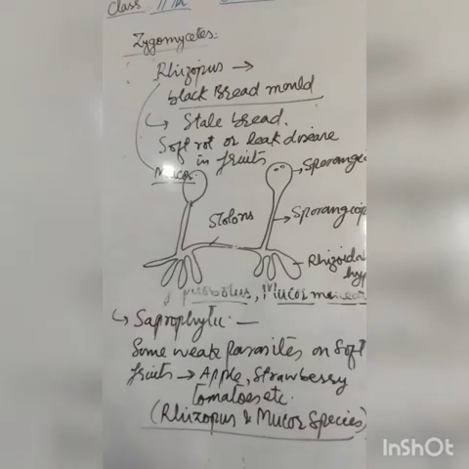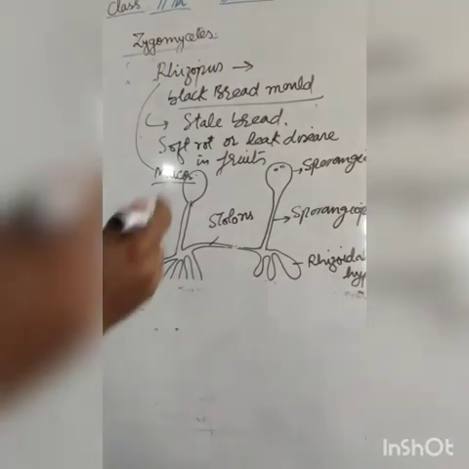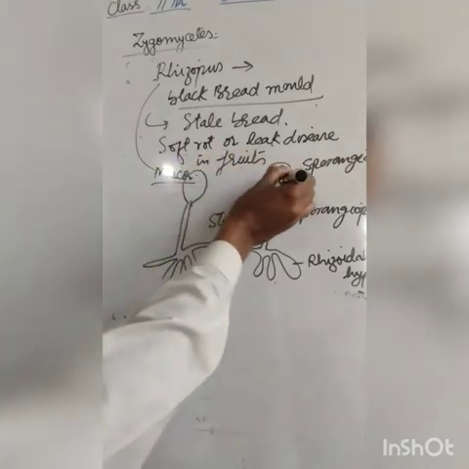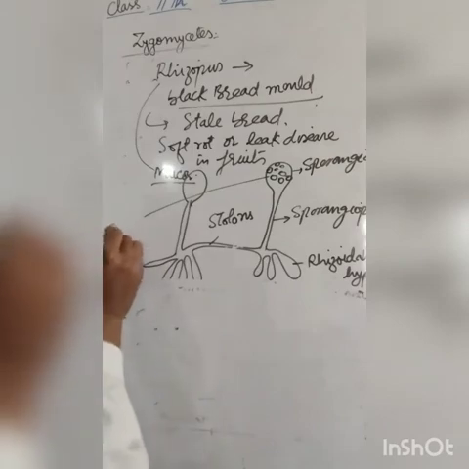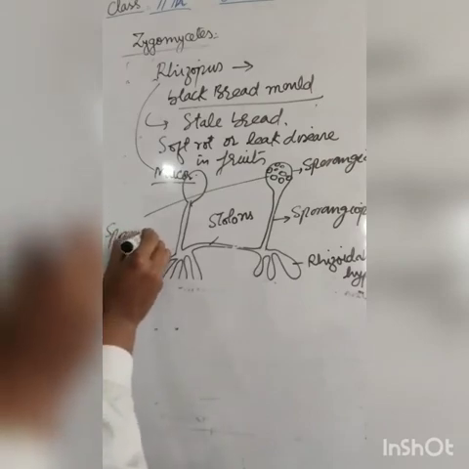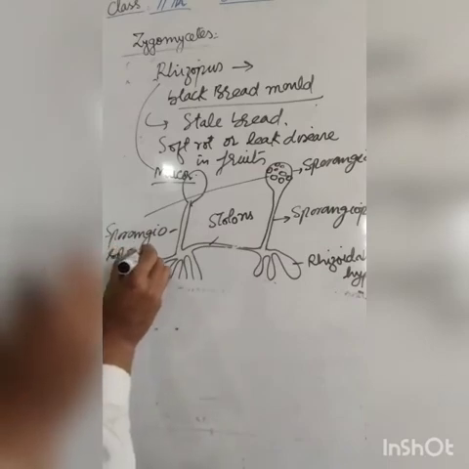These sporangia produce endogenously thin-walled spores called sporangiospores.